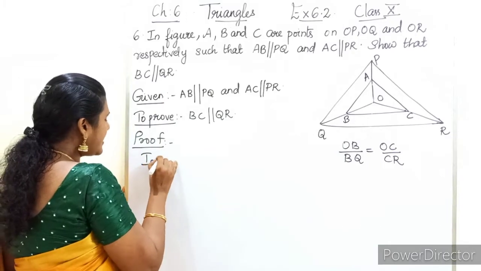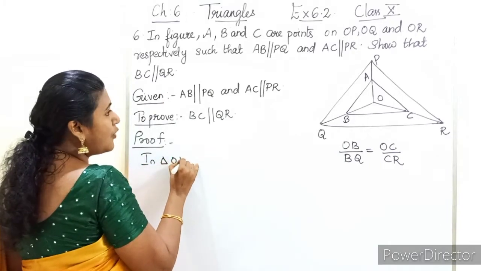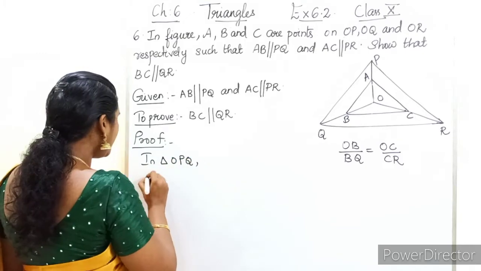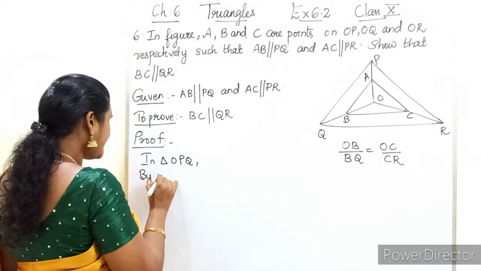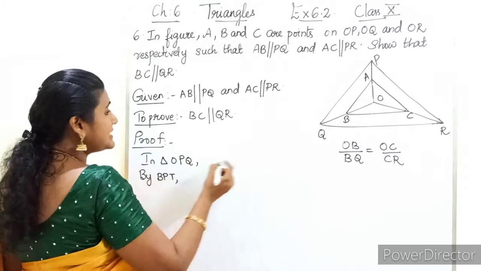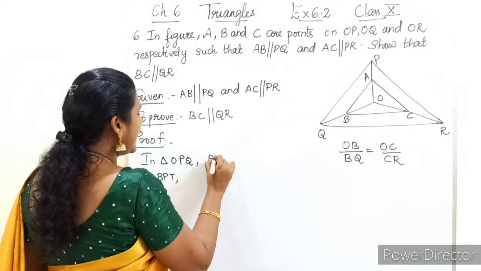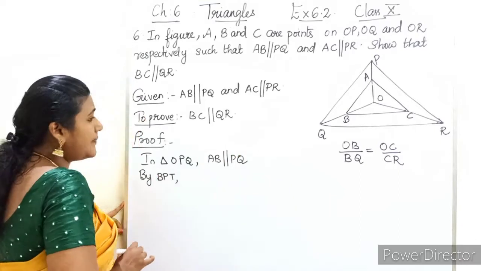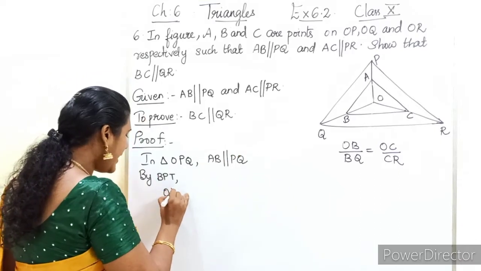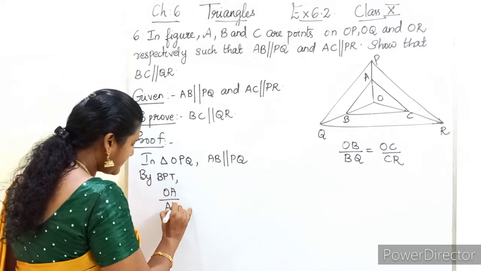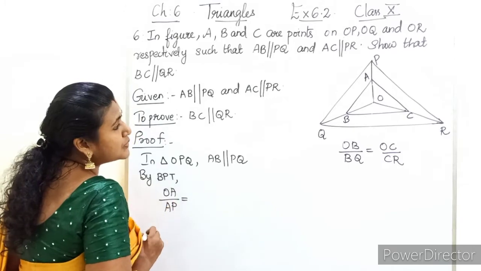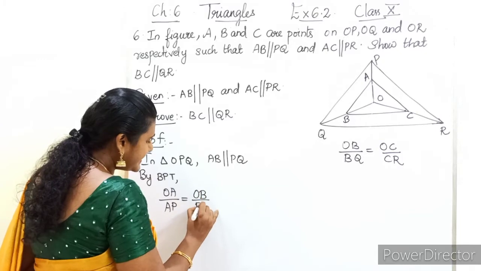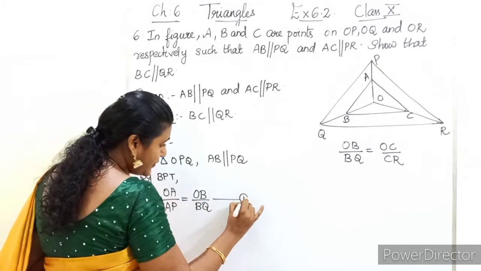So in triangle OPQ, by basic proportionality theorem, since AB is parallel to PQ, we can write OA by AP is equal to OB by BQ. So this is the first condition, first equation.